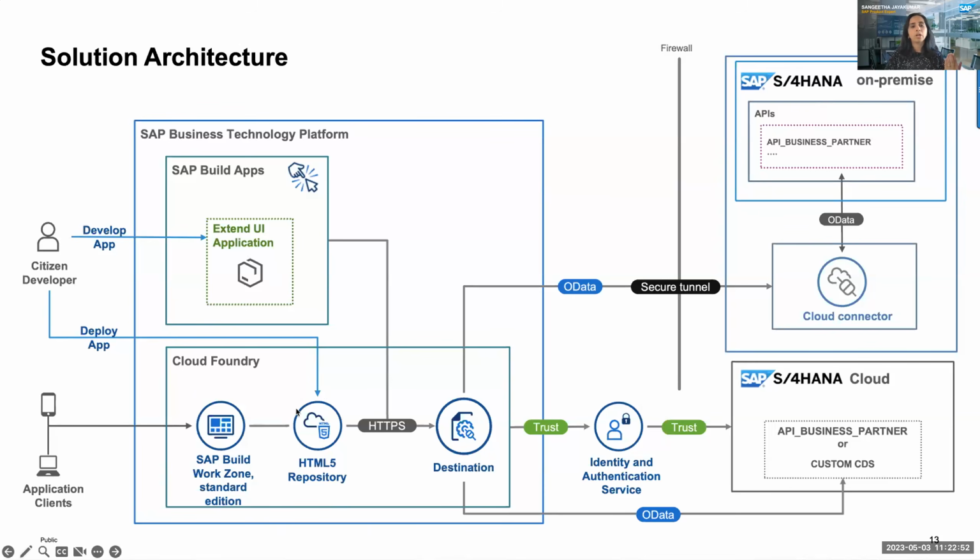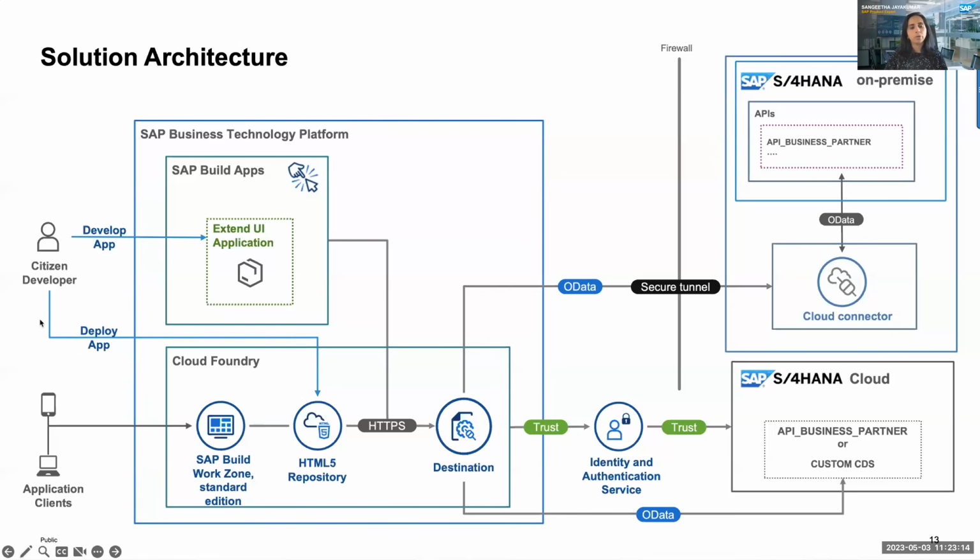How do I manage running the application? How do I bring the Cloud Foundry runtime? So you just click on the deploy button to your SAP BTP sub-account, and then it's deployed and managed by the HTML5 repository, which comes with the app router. So you don't have to do anything extra.